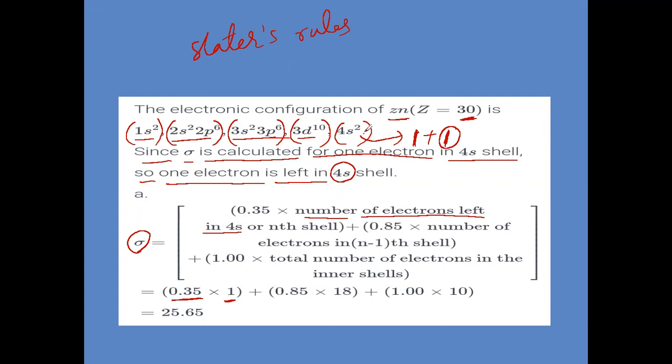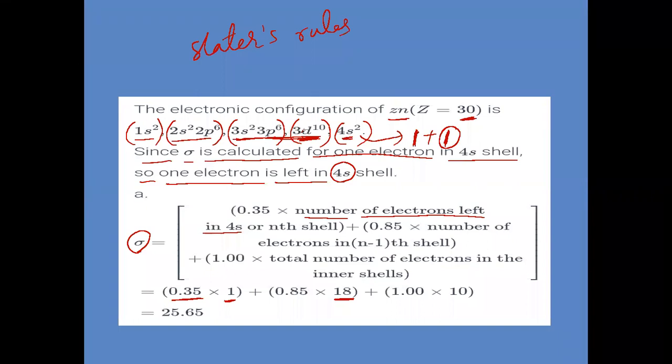Plus, next, before 4s, on the left side, what is there? 3d10, 3p6, 3s2. In the third orbit, totally how many electrons are there? 2 plus 6 is 8, 8 plus 10 is 18. 18 electrons in the third orbit: 3s, 3p, 3d together.